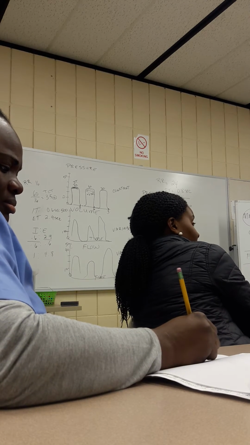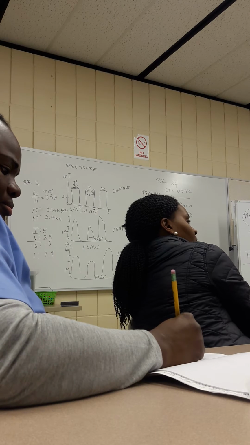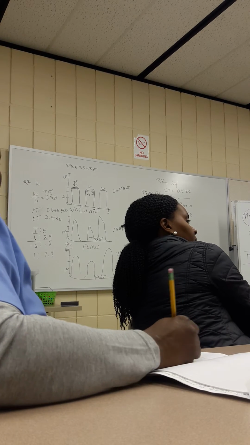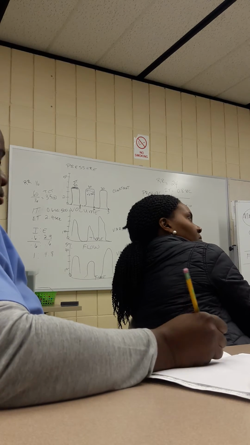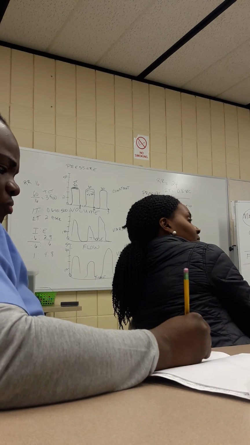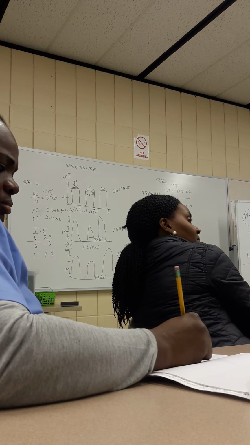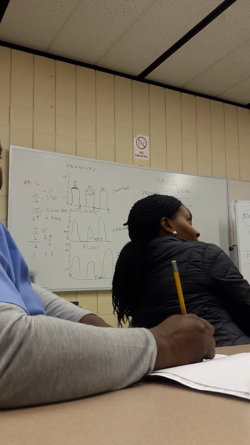I thought we didn't use flow cycling. There is one mode of ventilation that uses flow cycling. I kind of mentioned it, but it's not one that we typically use. It should be in the notes.